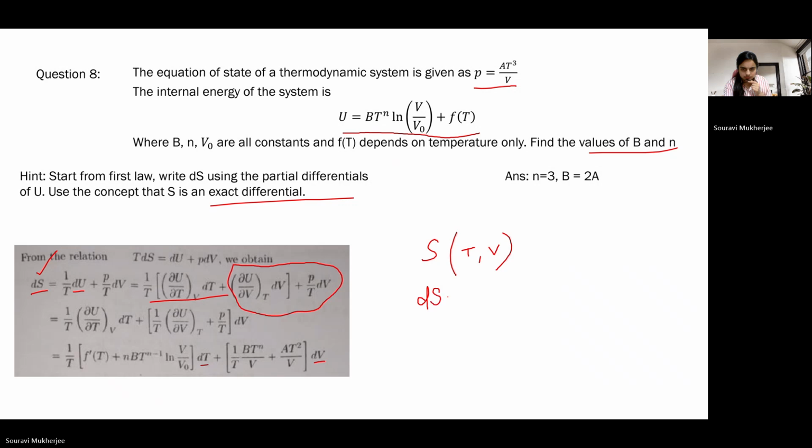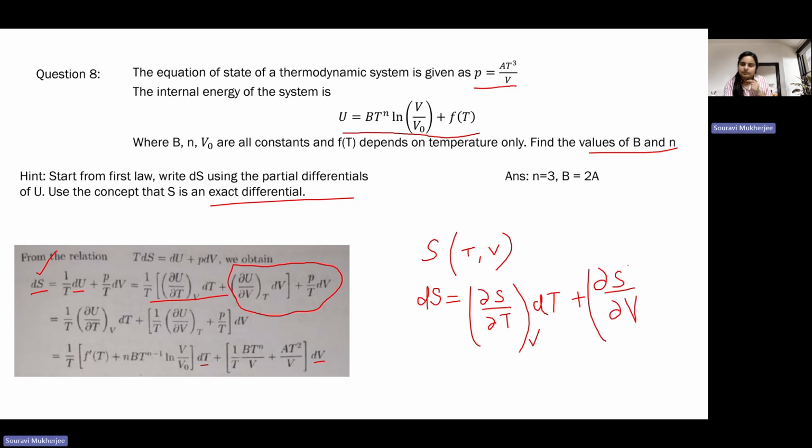del S del T into dT plus del S del V into dV, right?